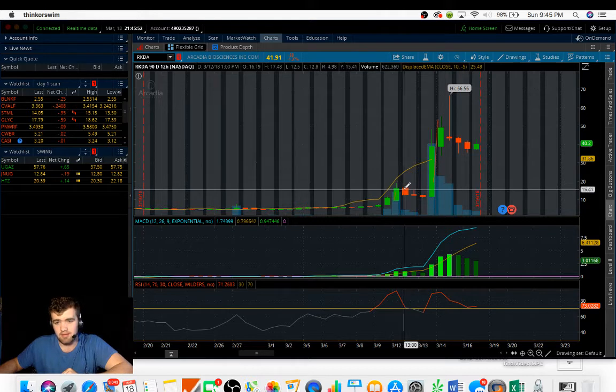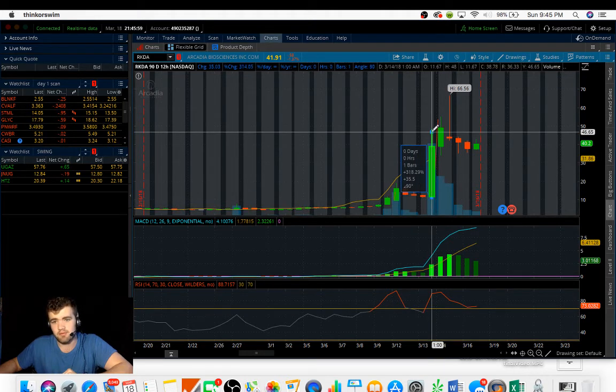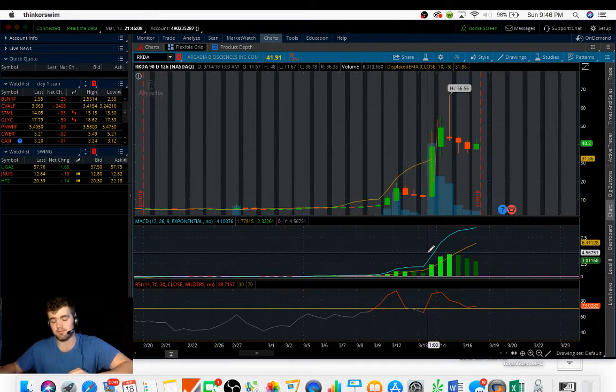Then we have some consolidation, and then we have this huge move from $11 to roughly $50, guys. That's a 318% day. So for every $1,000 you put in, you got about $3,000. Okay, that is a tremendous amount of money.